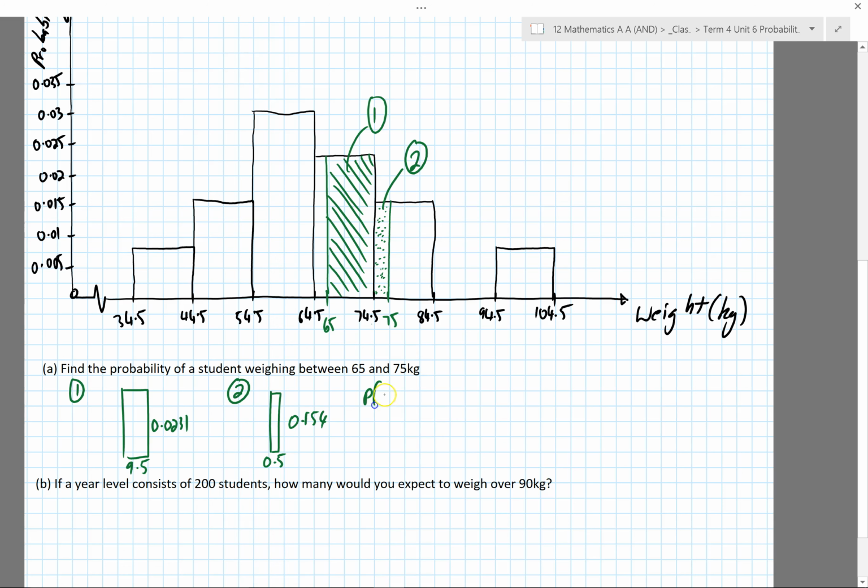So if I want to find the probability of someone weighing between those weights, I just need to find the area of those two rectangles. So the area of rectangle 1, 9.5 times 0.0231. Area of rectangle 2, 0.5 times 0.0154. I'll get a probability of 0.227. So about 23% of my population weighs between those two weights.